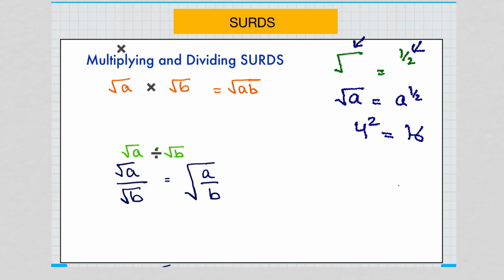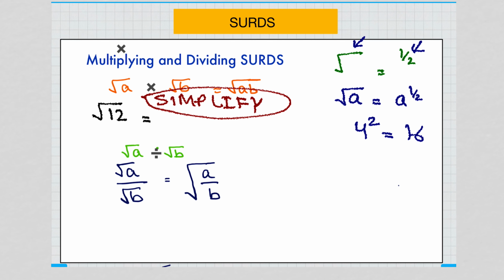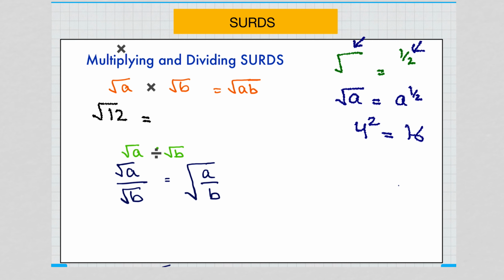In this multiplication topic, sometimes you will come across questions where you will have root 12 only, and they will ask you to simplify it. In order to simplify it, we can split 12 into two different numbers.